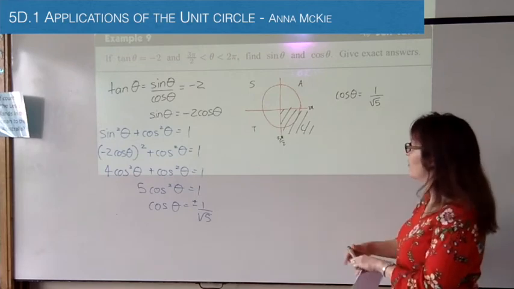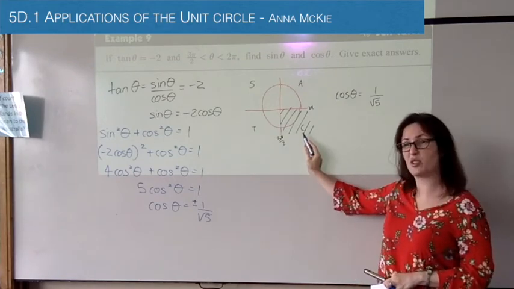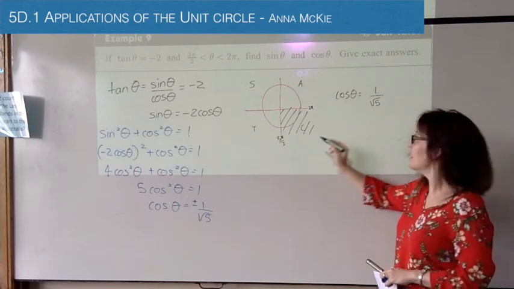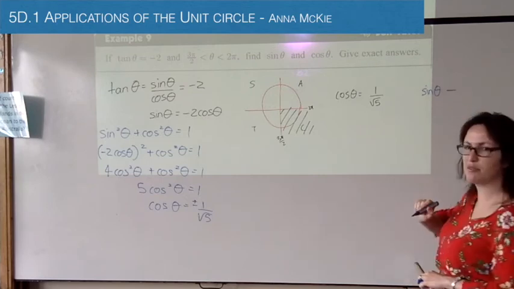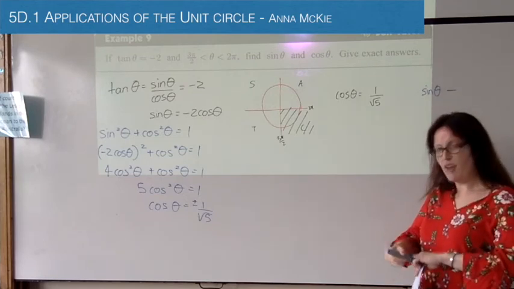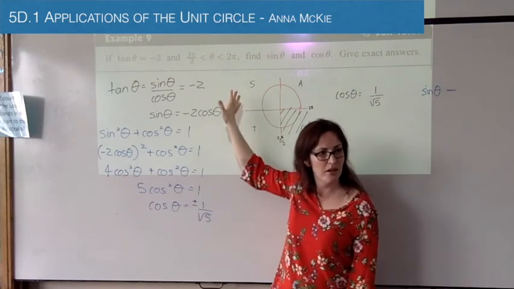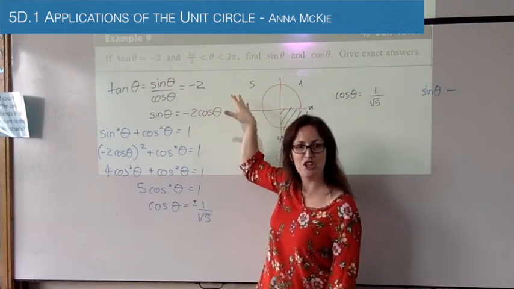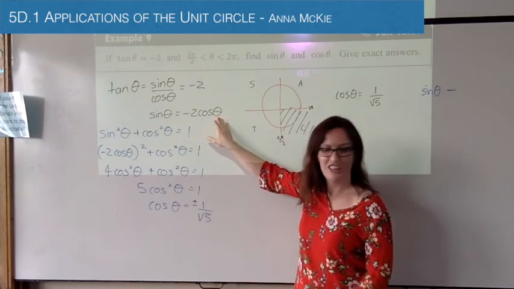Now the sine. Well, first of all, is it going to be positive or negative in this quadrant for sine? Negative. So I know that I'm going in that direction. Perhaps I'll just put a negative sign there. How could I find sine though? Is there any other thing we've done over here that might help? Anyway, sub it in there.